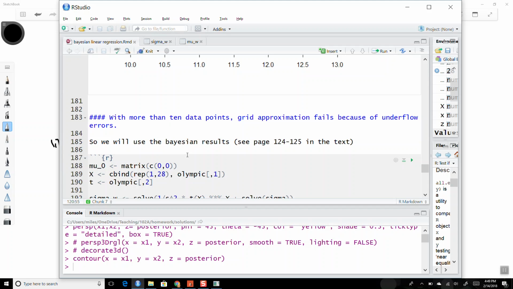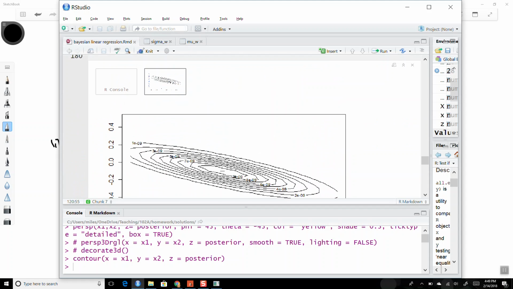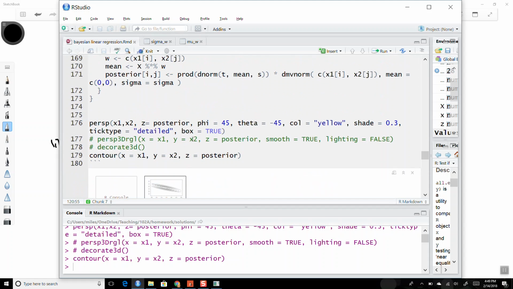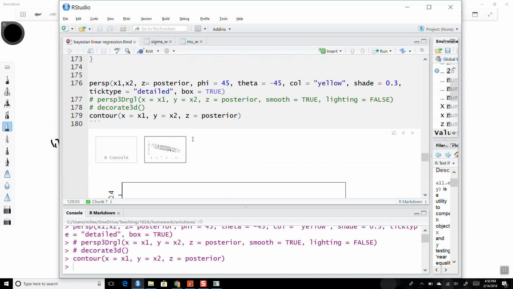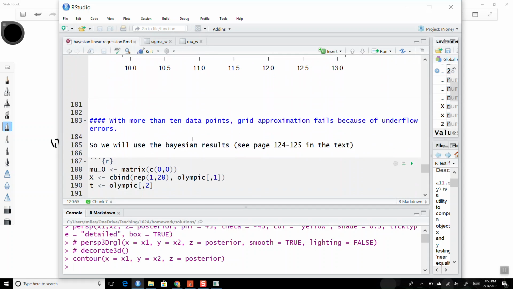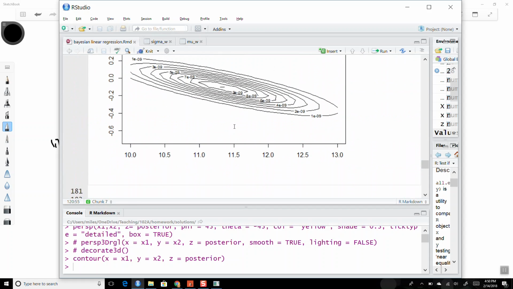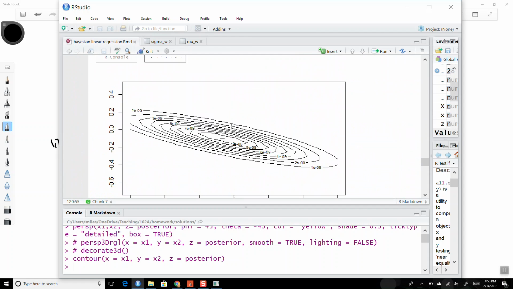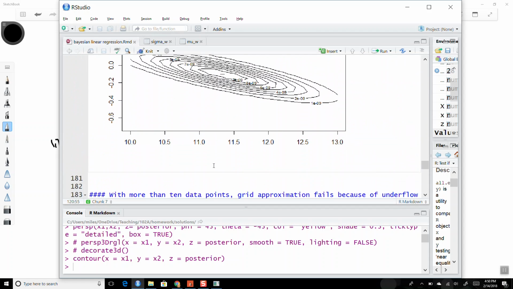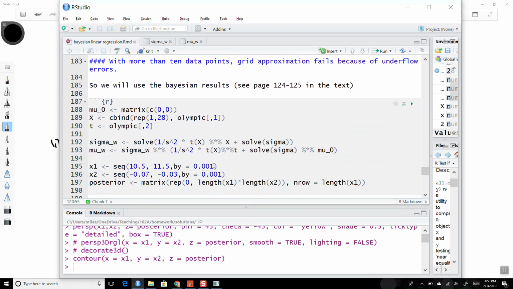Here I'm multiplying tiny little probabilities, 10 of them together or 100 or something like that. Those numbers get really, really close to 0, and our computer is not able to distinguish between 0 and some other value. And so things get really wonky, and the grid approximation starts to fail, okay?